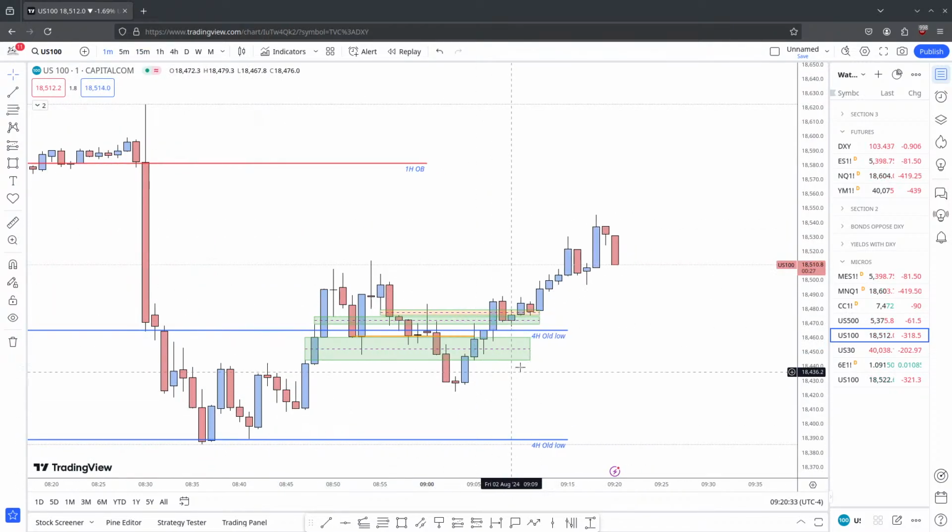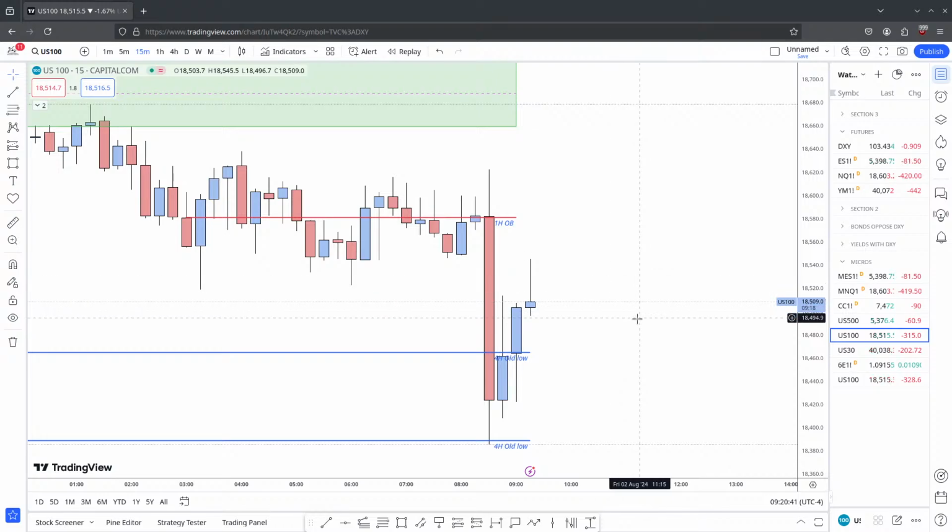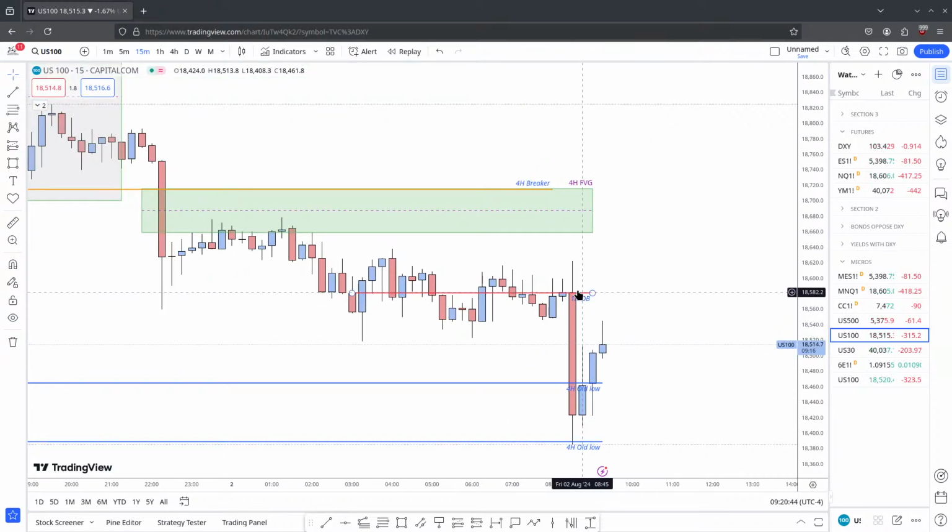Let's get rid of this stuff, clean things up a bit here. Look at the higher time frames here. Not a lot to see.